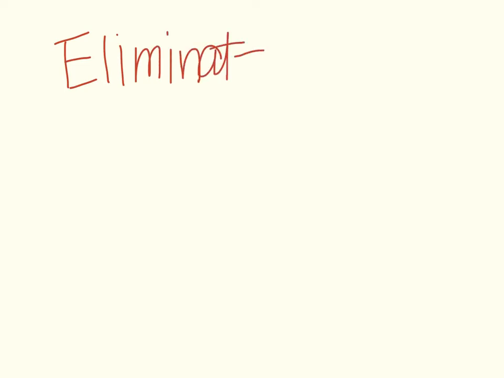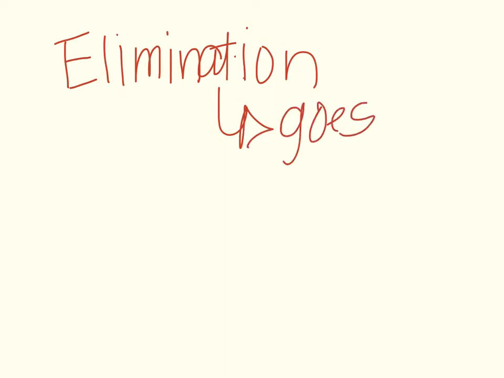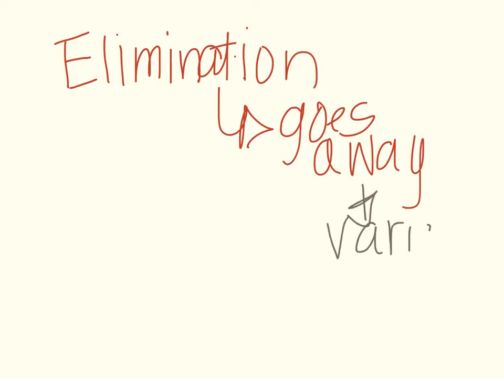Elimination sounds like eliminate, and if you know anything about that word, it means something goes away. So when we use elimination today, one of our variables is going to disappear or eliminate.